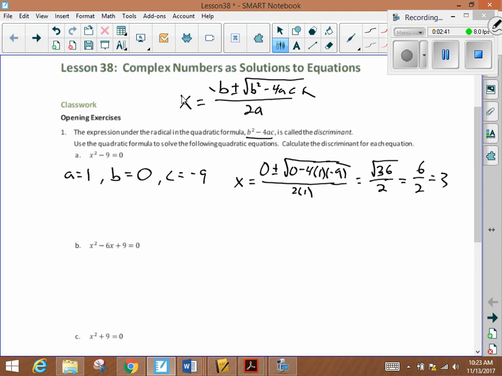That makes sense, right? We could have solved this by saying x squared equals 9, adding 9 to both sides, and then saying x is plus or minus the square root of 9.